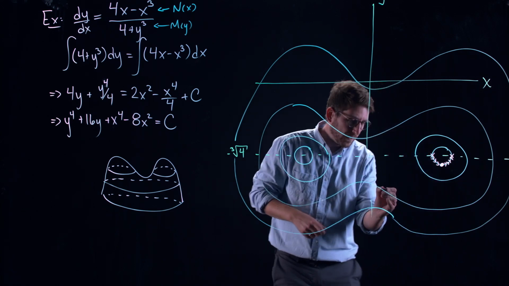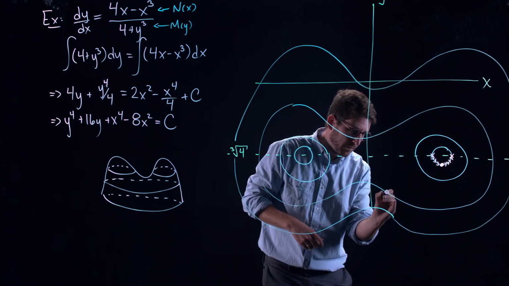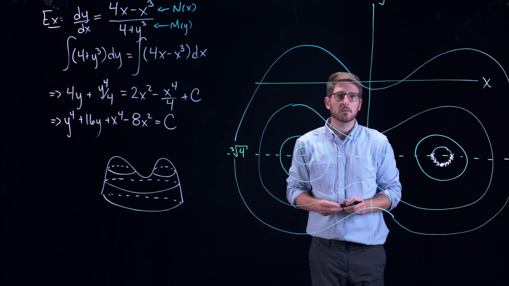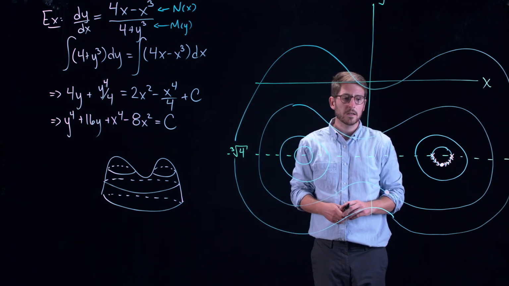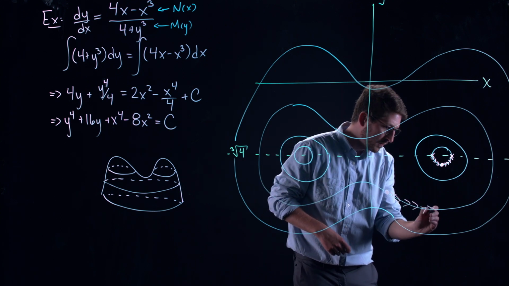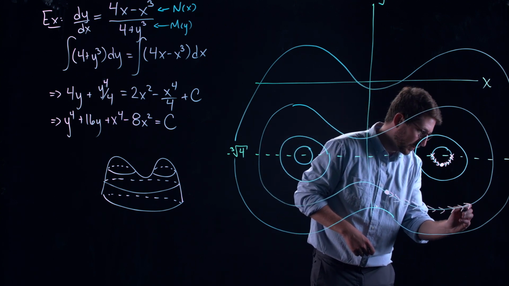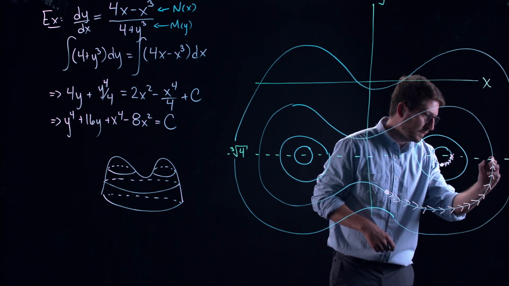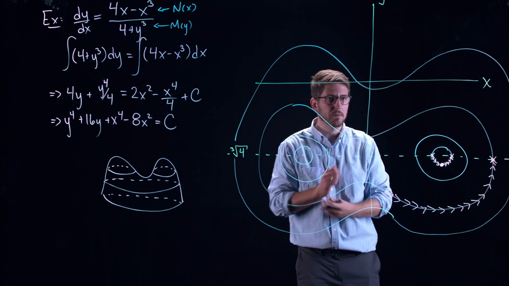Okay, then I could maybe ask myself, if I give myself this initial condition, what does my interval of existence look like now? Well, I can go for a long time forward in x, or what looks like a long time the way I drew this, but eventually bad things are going to happen. I'm going to blow up.